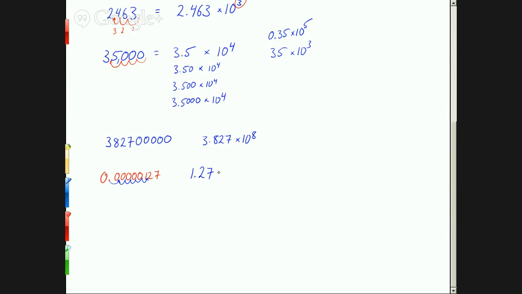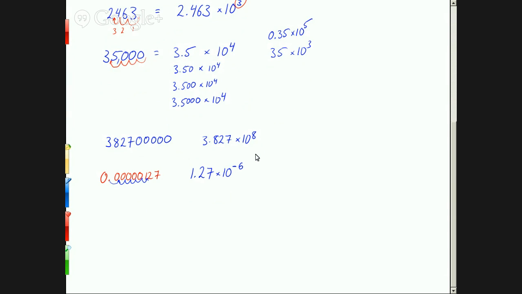So this becomes 1.27 times 10 to the negative 6. The same idea. You want to catch one number to the left of the decimal place, and you just count how many moves you have to do to make it do that.